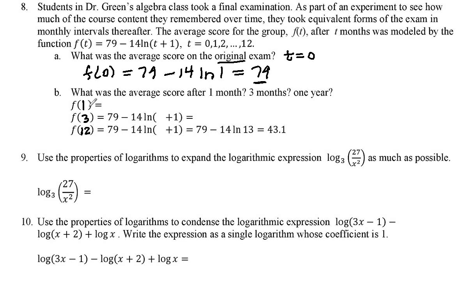So f of 1, so we're going to plug a 1 in here for t. So that's going to be 79 minus 14 times the natural log of 1 plus 1. So that's log of 2, 79 minus 14 log 2. And notice that this is ln, the natural log.